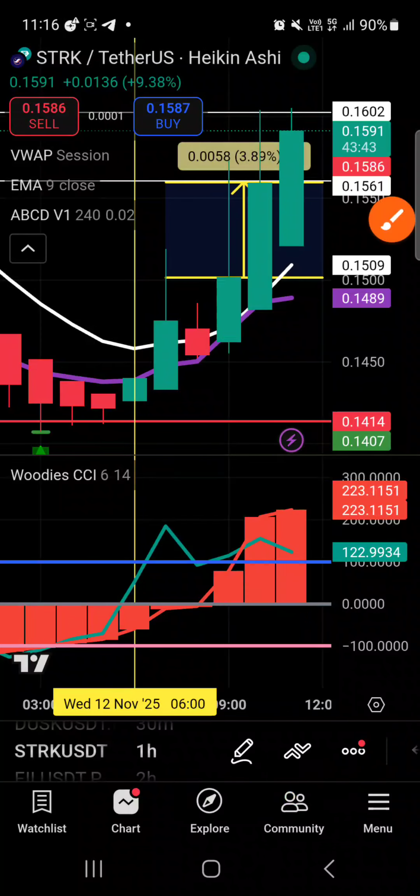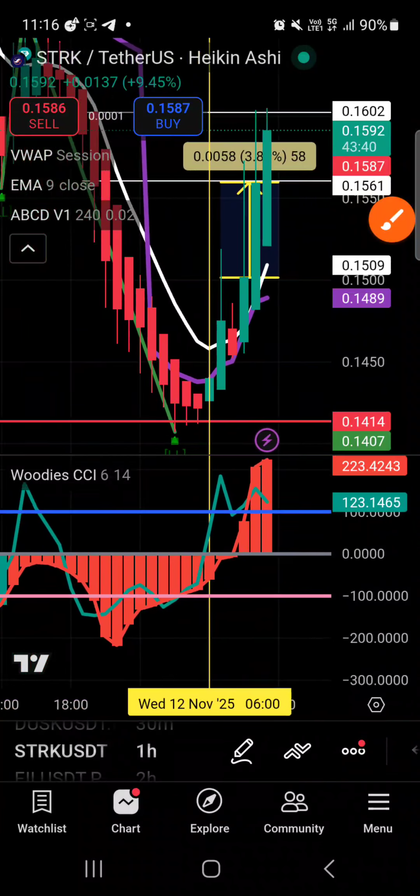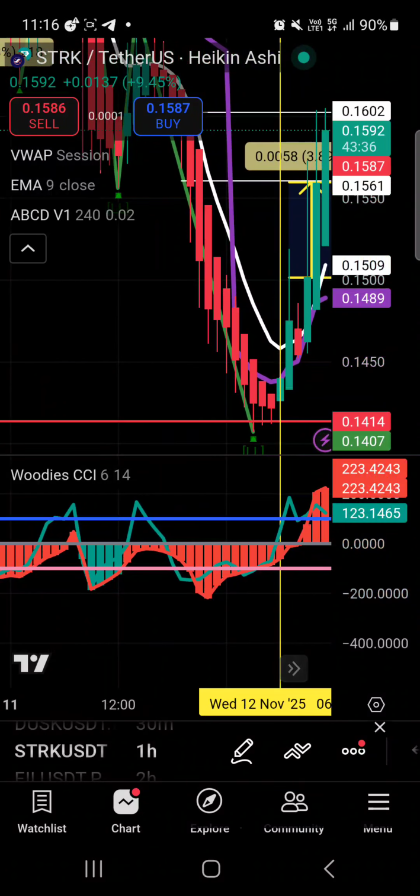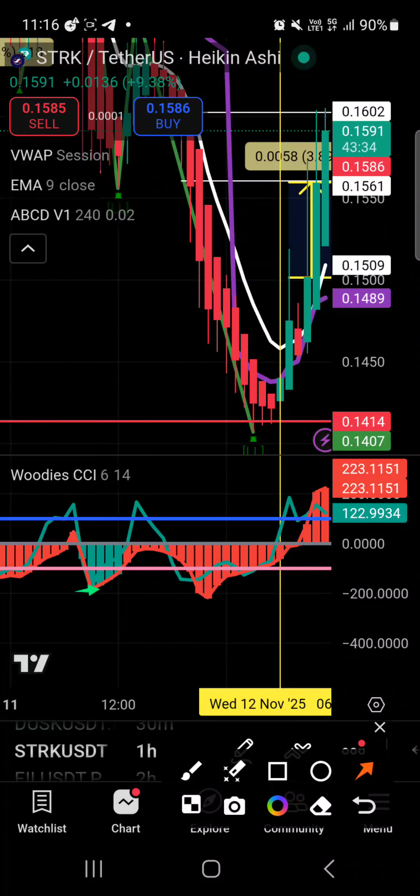Now number two, you have to understand that anytime the bars form below the 100 line, the colors don't matter, but once they form below this line, it means the coin will be going down.